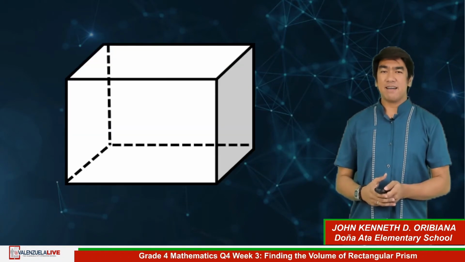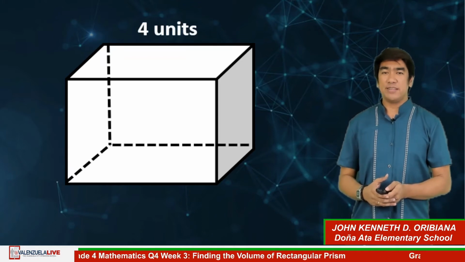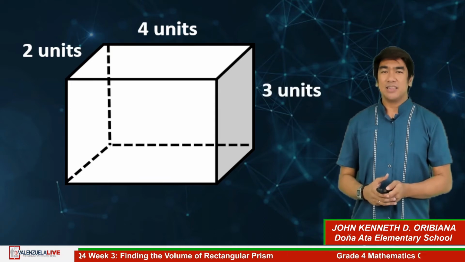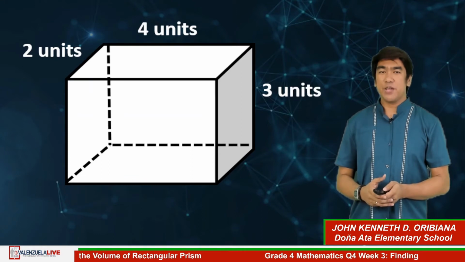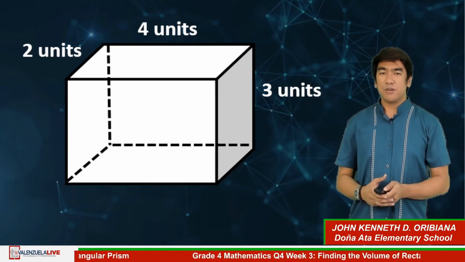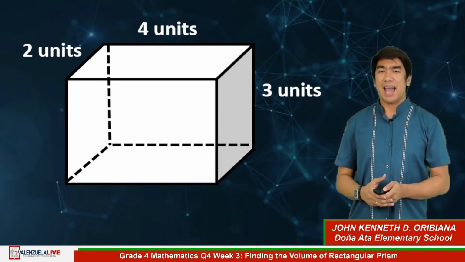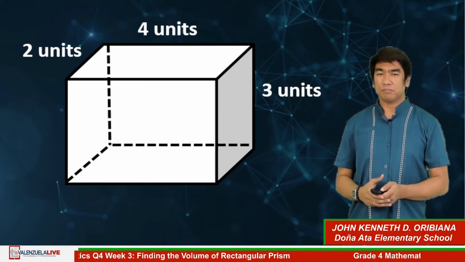I have here a rectangular prism that measures 4 units long, 2 units wide, and 3 units high. So that means this figure has 4 units for its length, 2 units for its width, and 3 units for its height. Now, let us count the cubic units for each layer.